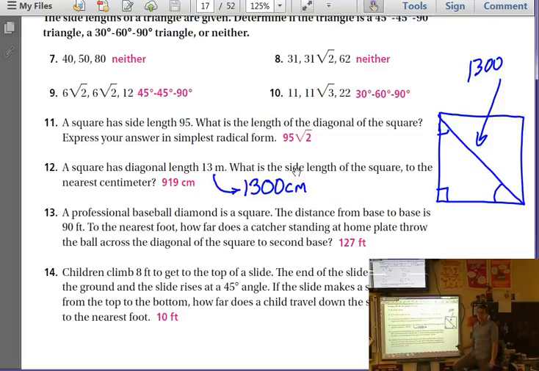Isosceles right triangle, right? Since it's an isosceles right triangle and this is my hypotenuse, if we use the formula that we just talked about, my short leg is going to equal half the hypotenuse times radical 2. So half of my hypotenuse here is 650 times radical 2, which is approximately, anyone remember the decimal value of radical 2? 1.4, right? It's right about 1.4.